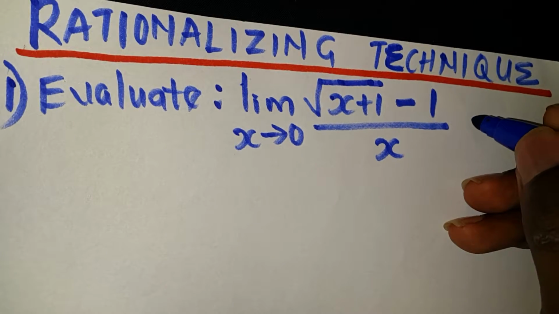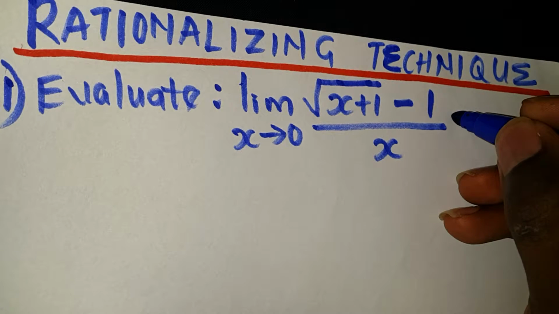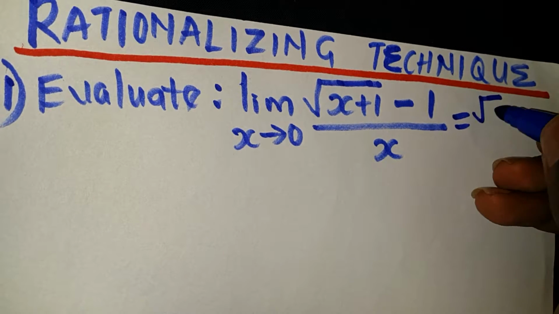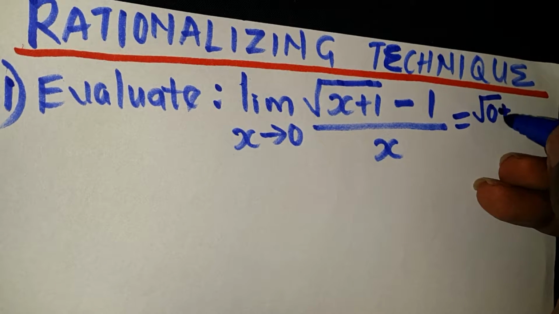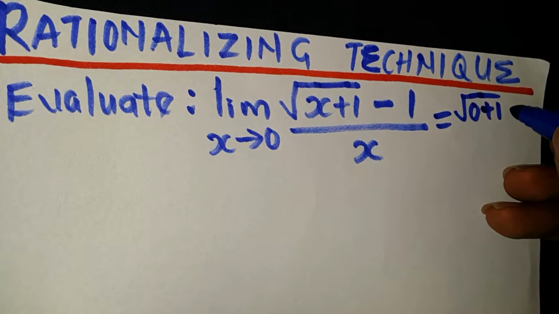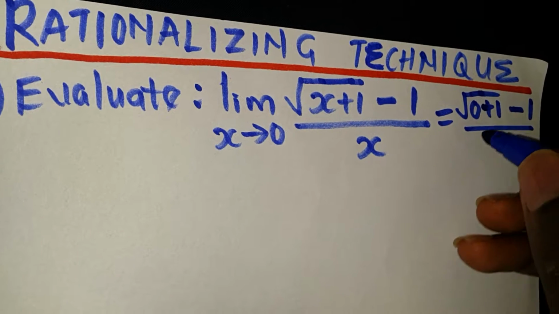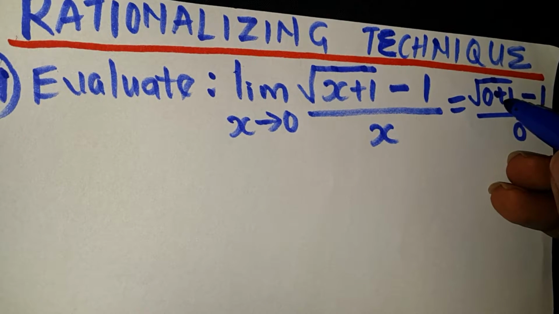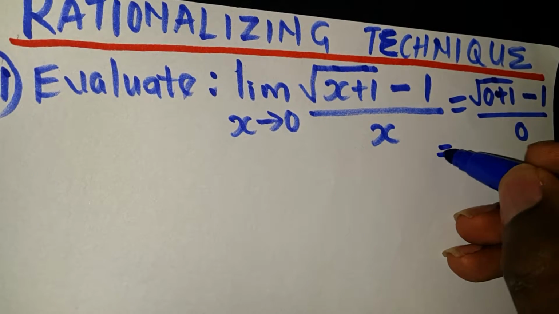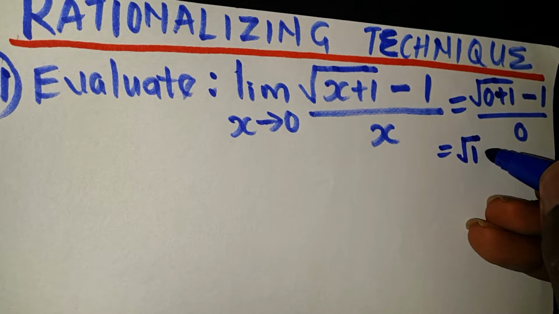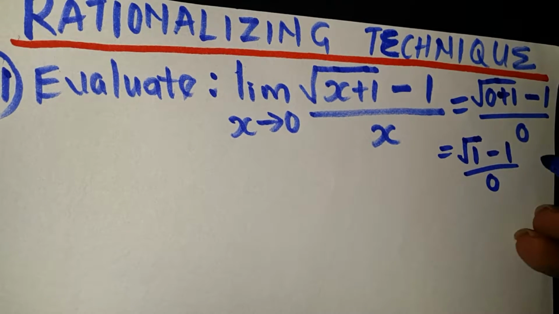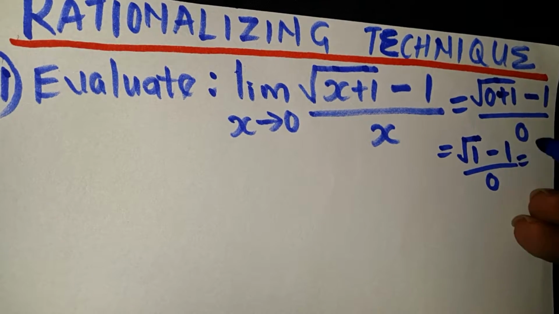So the same thing is applicable here. We'll plug in our 0 in this function. If we put 0 here, we have root of 0 plus 1 minus 1 divided by 0. We find out that this gives us root 1 minus 1 divided by 0.